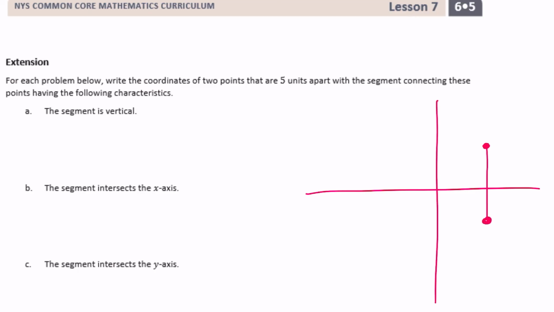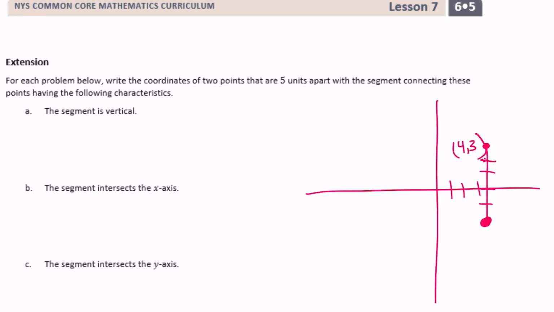It doesn't matter what the x coordinate is. Make it maybe 4 and then 3. Then I need it to be 5 down. So 1, 2, 3, 4, 5. What would that make this one?